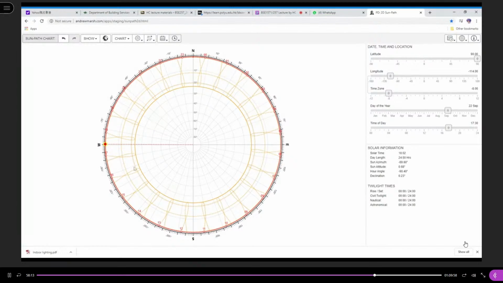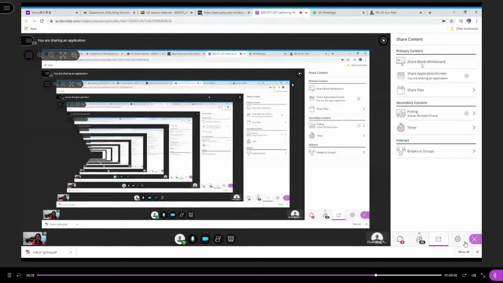No sunset. And then after the equinox, you cannot see the sun. Okay, in November, December, you cannot see the sun because the sun is below the horizon. Okay, so this is a very interesting website that you can study the sun path of other locations.